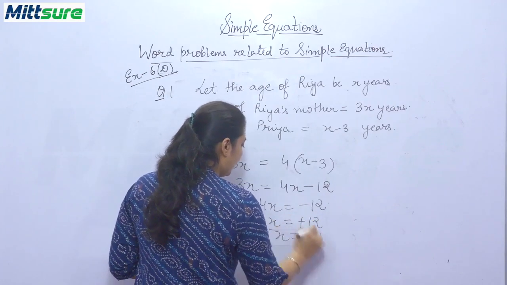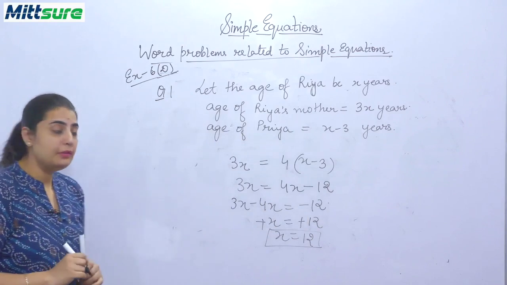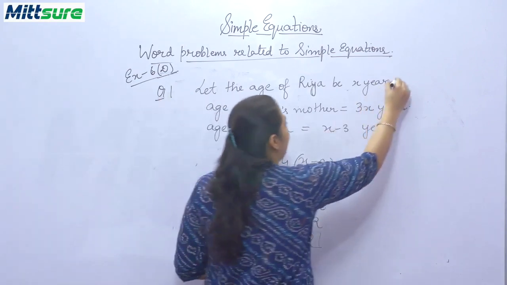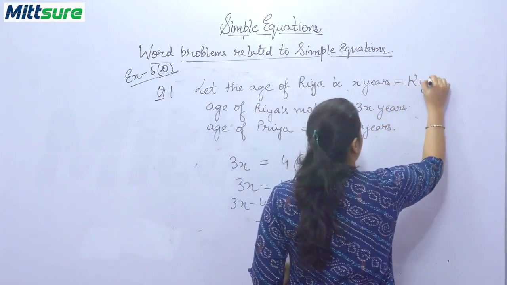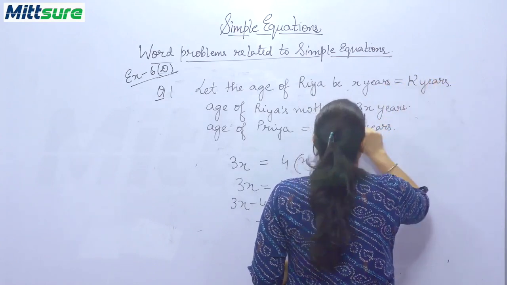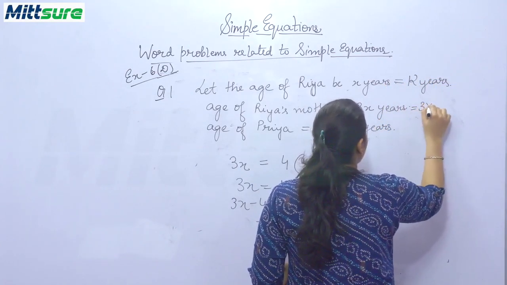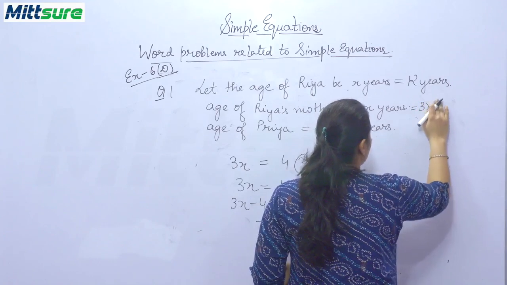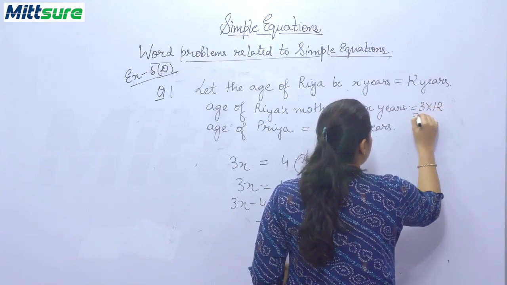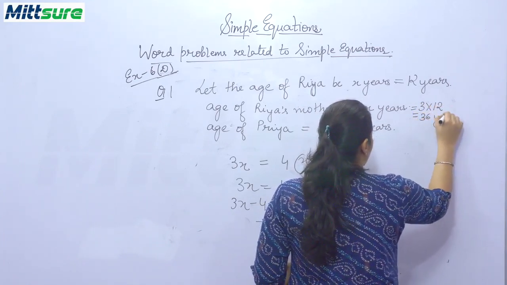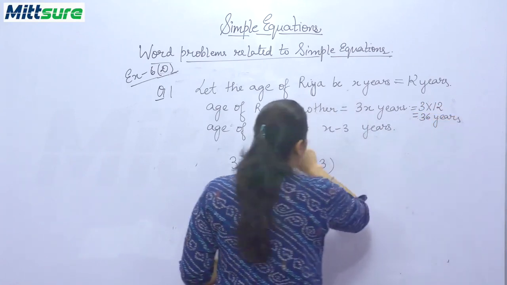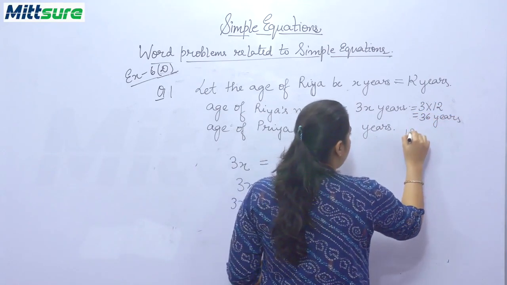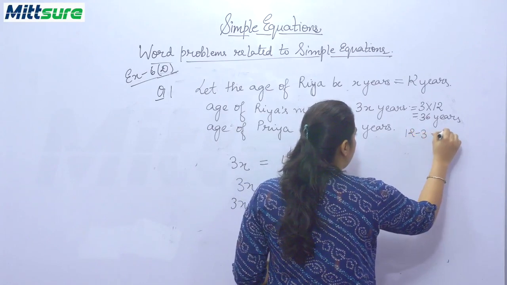So we have got the age of Ria as 12 years. Right? Now age of mother will be 3 multiplied by 12, that is 36 years. And that of Priya will be 12 minus 3, that is 9 years.